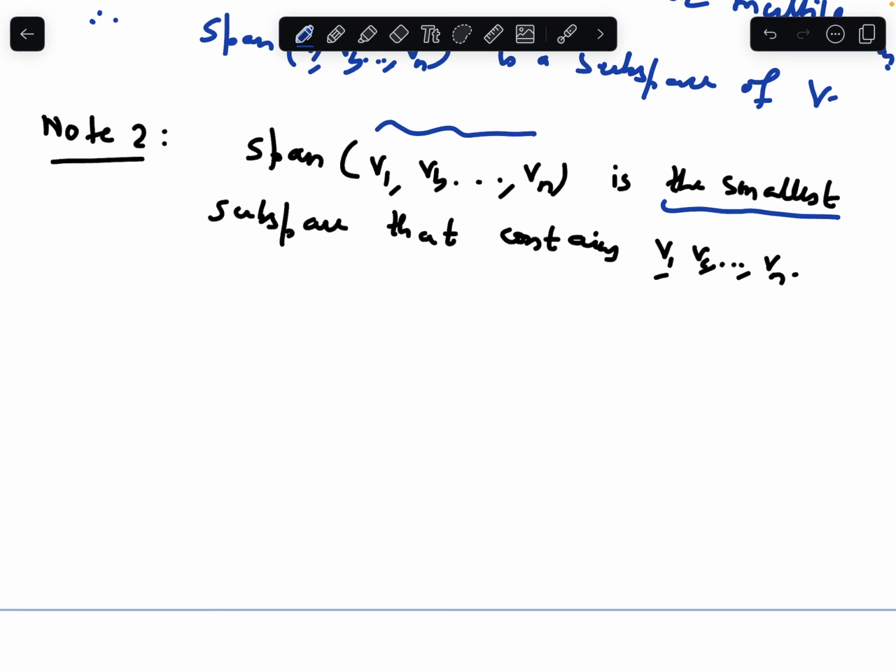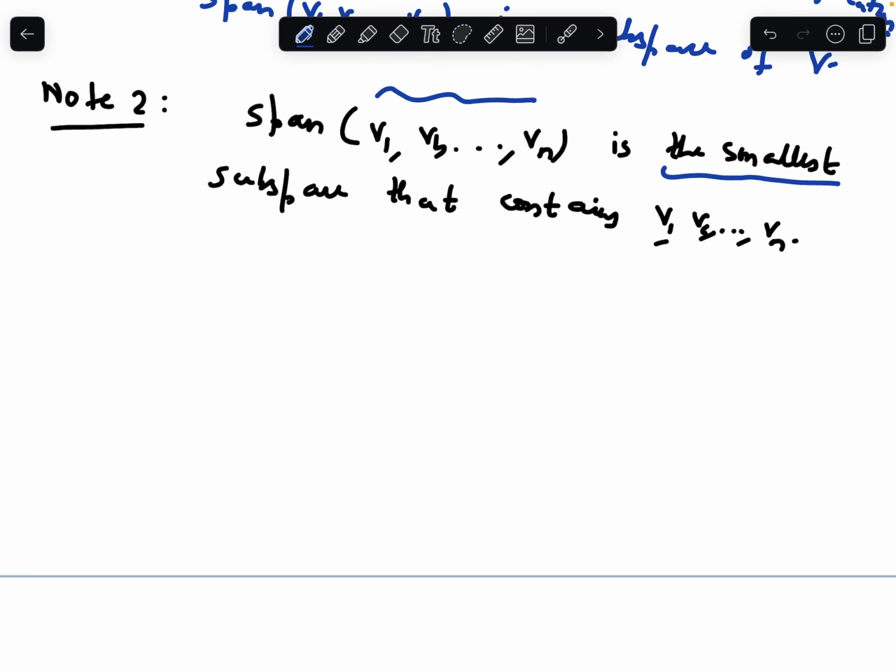So span contains V1, V2, V3, Vn. What is the smallest? So let me explain that.